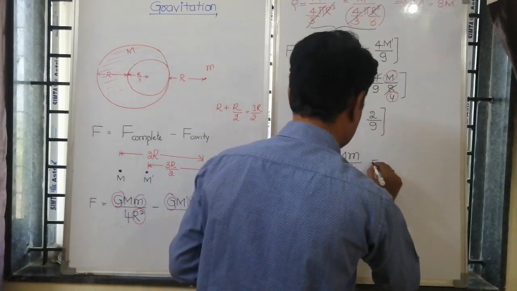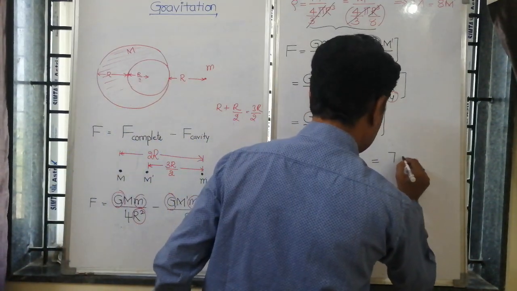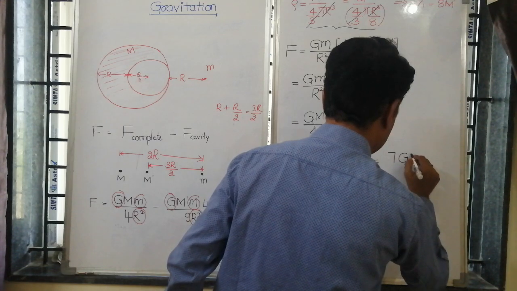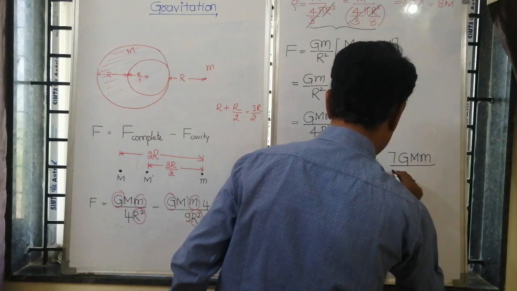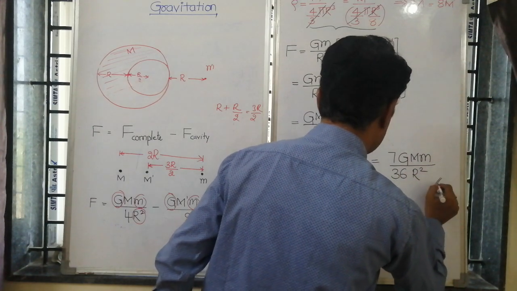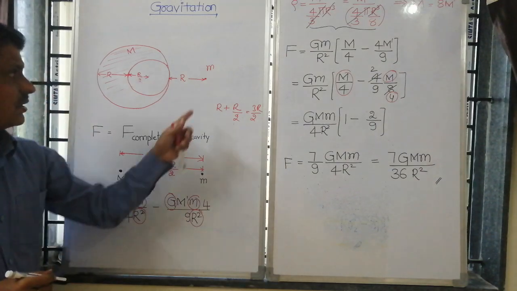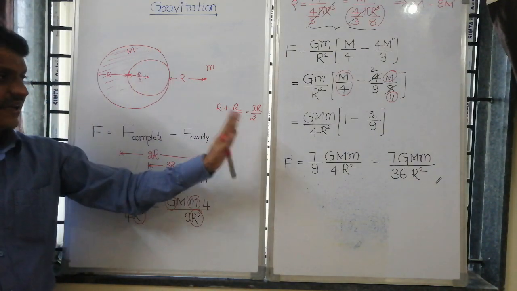Or otherwise you can multiply 4 and 9. Capital G, capital M, small m by 36 r square. So this is the force on small m due to a sphere having a cavity.